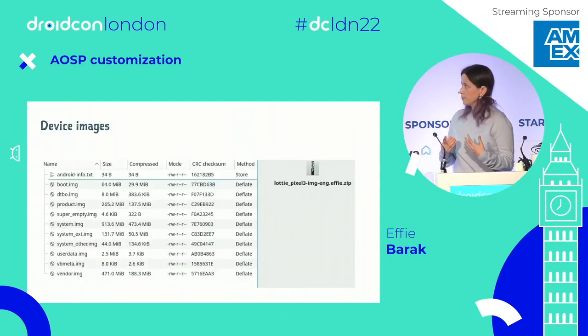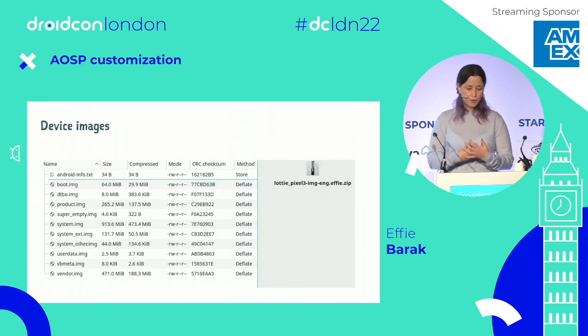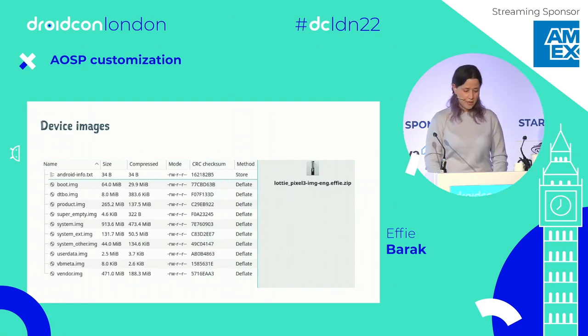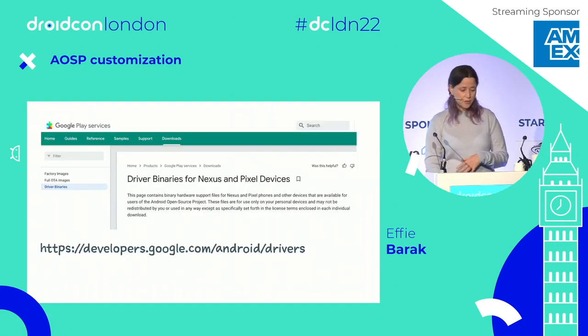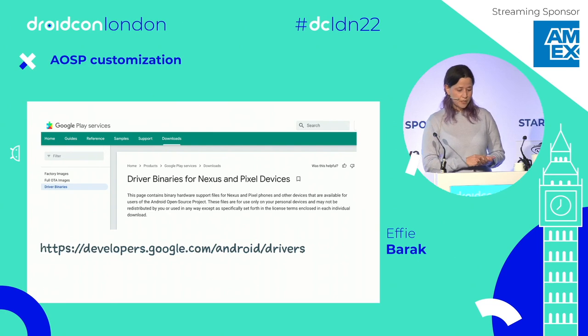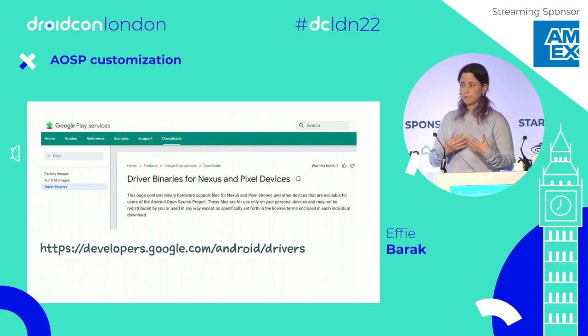The other devices we can build for quite easily are the Google hardware-manufactured devices, such as the Pixel. The reason is that Google releases those drivers as binaries, and we can download them. They often even come as the image itself, so again, it's not like we can read this code or change it in any way.